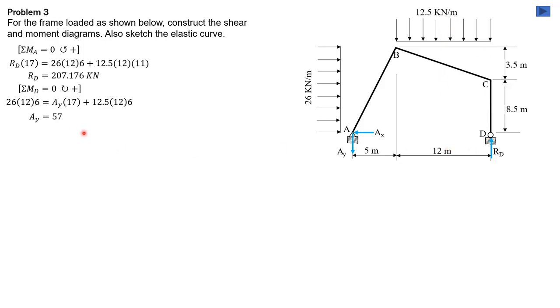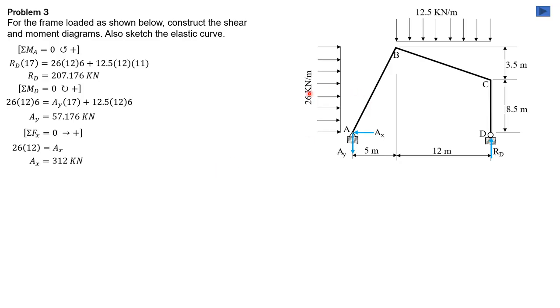So AY is positive, so it's correct, downward, 57.176 kilonewtons. Then summation forces X equals 0, so 26 times 12 equals AX. So AX is 312 kilonewtons leftward.